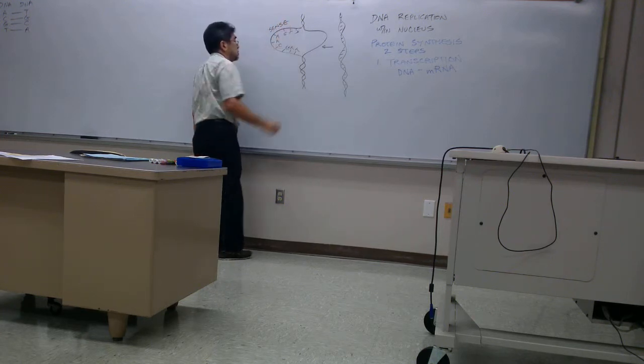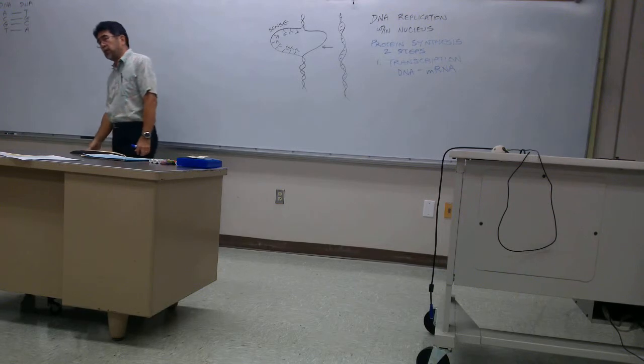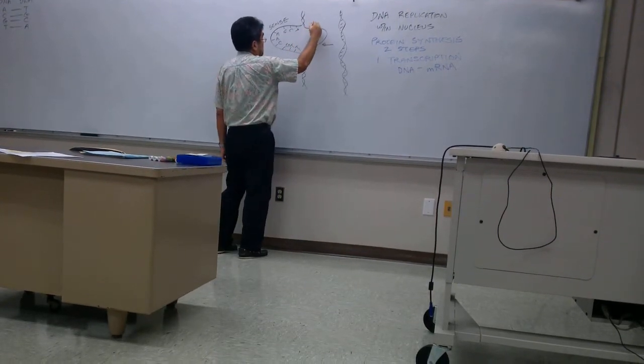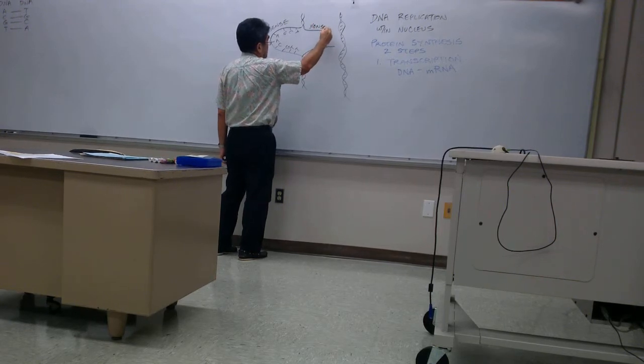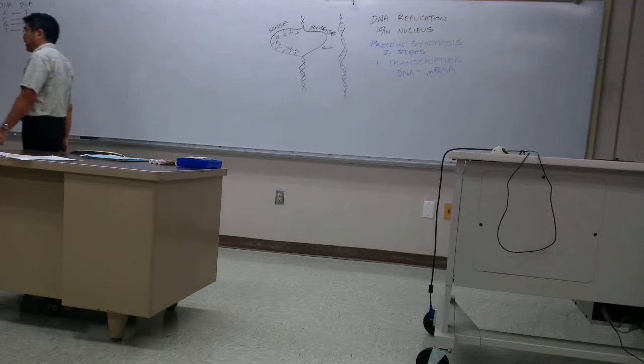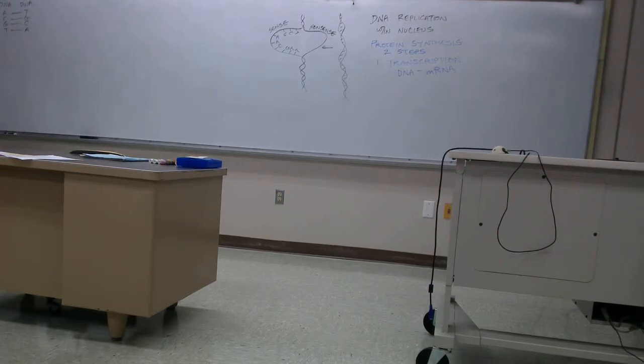This is the sense strand of DNA. Sense. The other side is just packing material. That's nonsense. Sense and nonsense. Only half the DNA is the gene. The other half is packing material, just to hold the place so that things don't fall apart or dismantle.